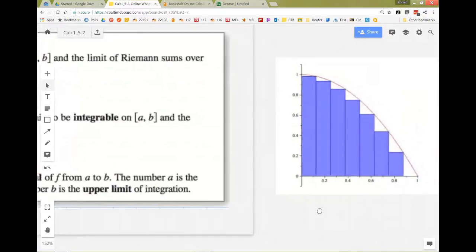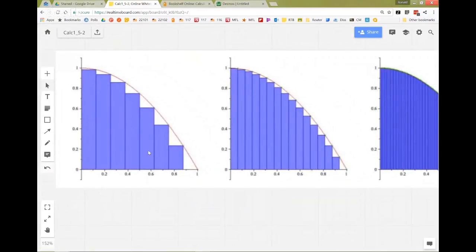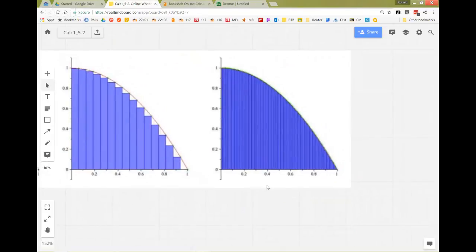So what we've done is we've taken a series of rectangles and we've increased the number of rectangles. Do you see how we're getting closer and closer to the curve? And in fact, it's really getting close now. You get the idea if we take the limit as there's an infinite number of those. El perfecto.